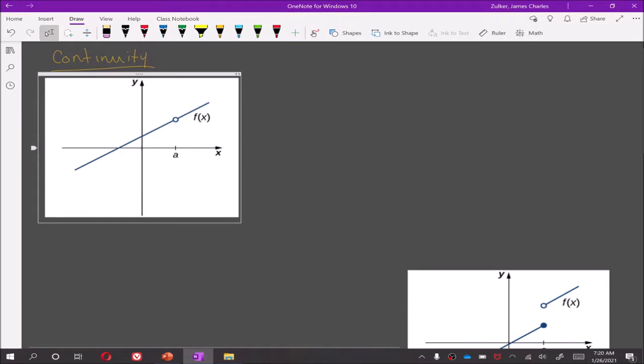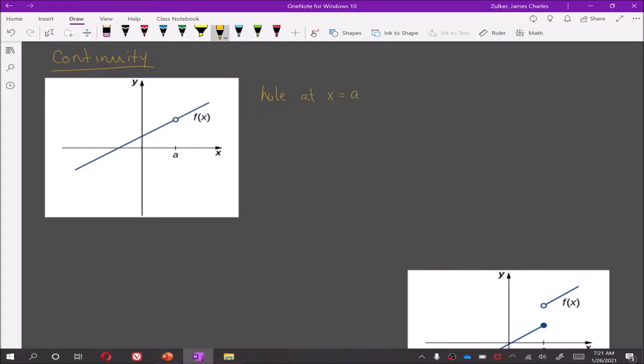So here we can draw this line, but right here at x equals a, there's a hole. So we'd have to lift our pencil to skip that point and then continue. So at x equals a, this is not continuous, right? Because there is a hole at x equals a.